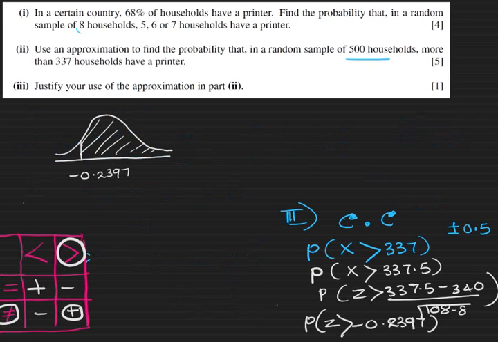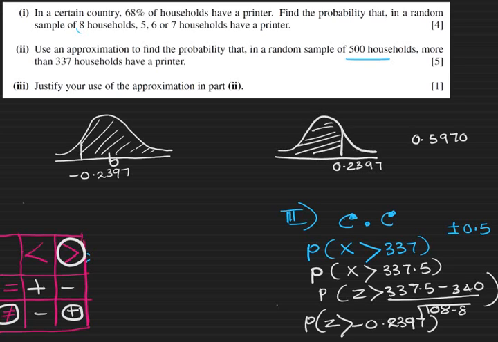If you draw a sketch, you can mark the z value here. The z value is negative, therefore it's to the left side of 0. If you use the table, we are going to find the area to the left of positive 0.2397. In the table the value you can read is 0.5910, and from the add table 7 gives 27.